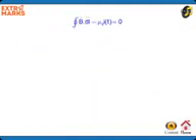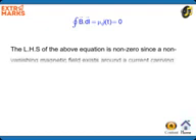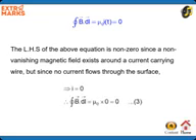In this case, the left-hand side of the Ampere's circuital equation is non-zero since a non-vanishing magnetic field exists around a current-carrying wire, but the right-hand side of this equation is 0 since no current flows through the surface.